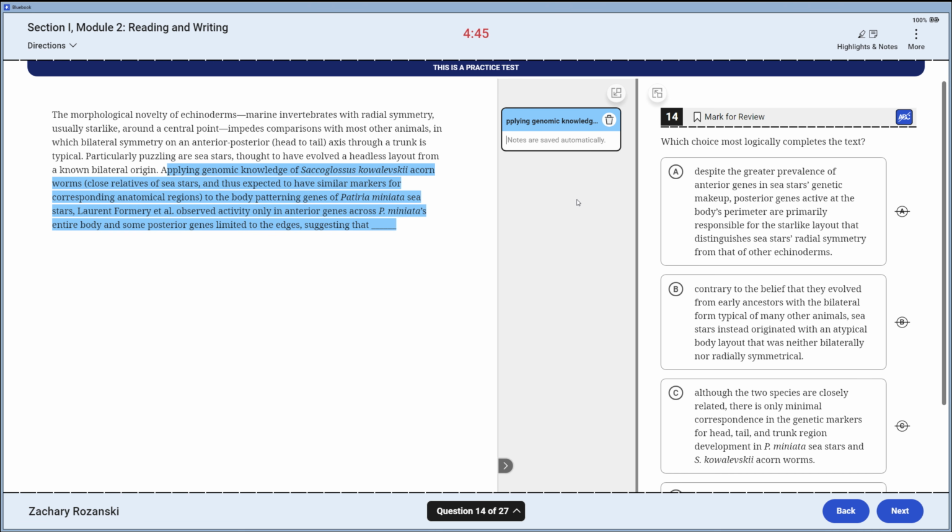Applying genomic knowledge to acorn worms, relatives of sea stars, and thus expected, don't want to drop these words, expected to have similar markers for the corresponding, I don't know how to summarize this, I don't know what I'm reading, to the body patterning genes, of acorn worms compared to genes of sea stars. They found activity only.